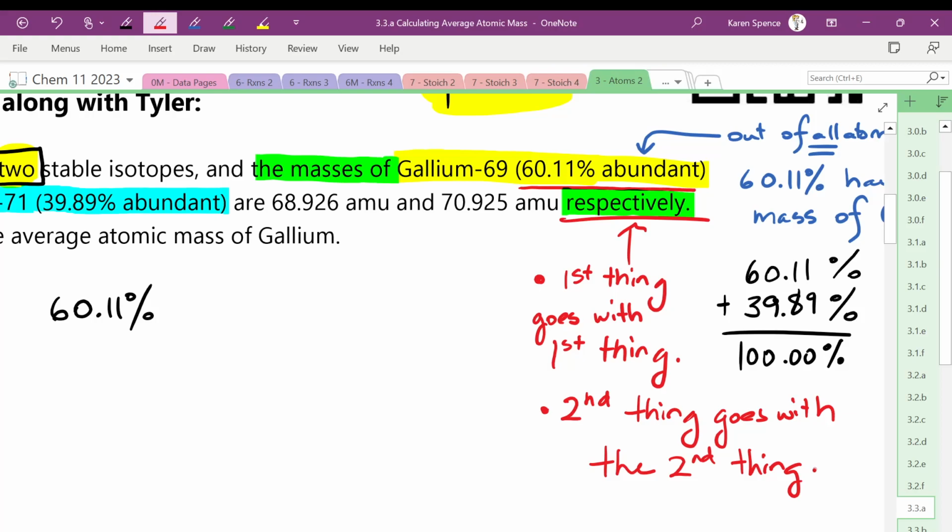So knowing that, what is the mass of gallium-69? It is 68.926 AMU because that's the first one goes with the first mass. So we're going to write that down here. We have 68.926 AMU.